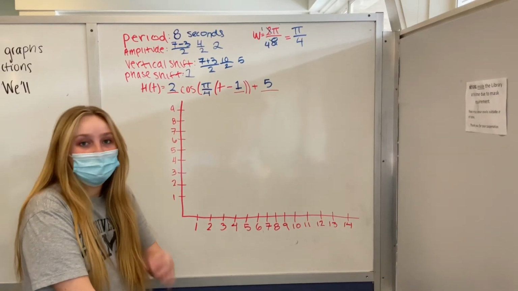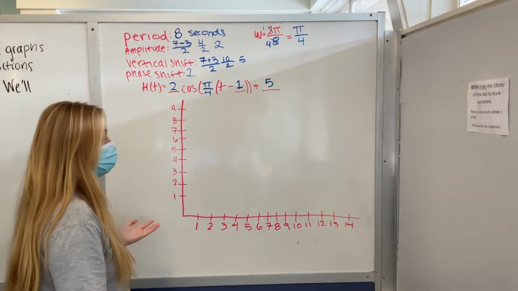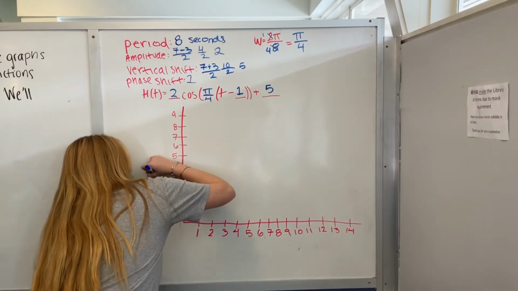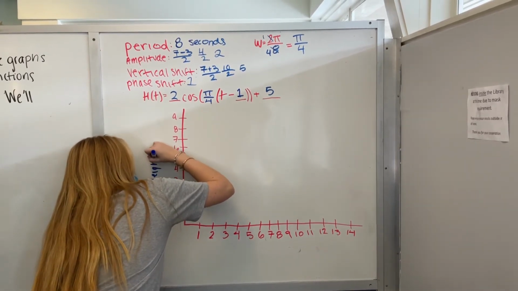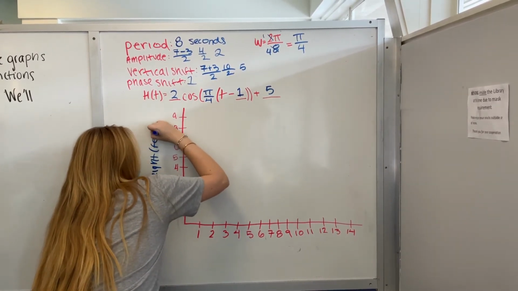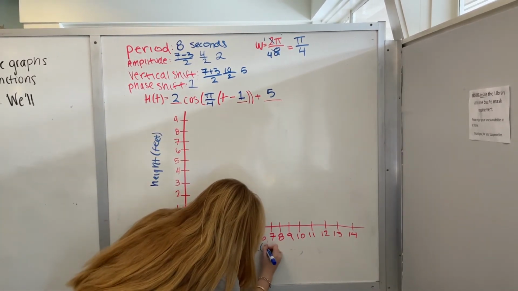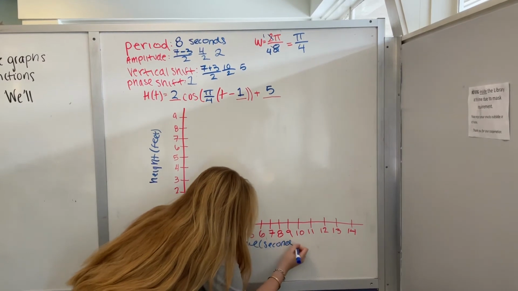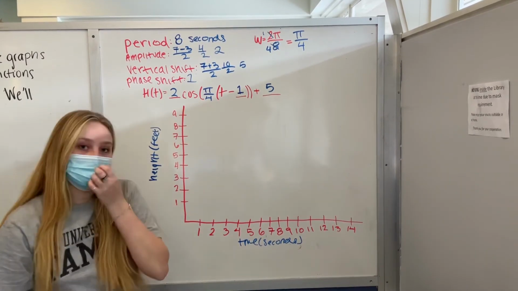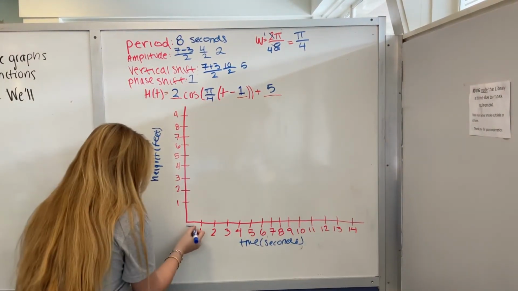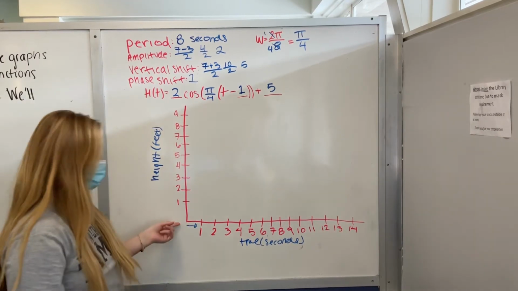Okay, so now time to graph. Since we have all of our information, we're going to label our y-axis, height in feet, and our x-axis, time in seconds. And because of our vertical shift, we're going to instead start at 1 instead of 0.